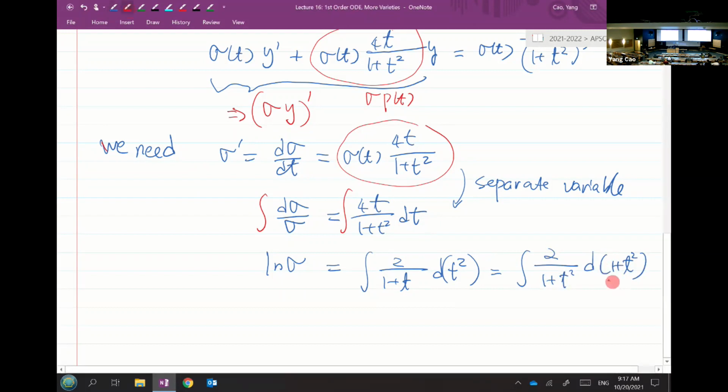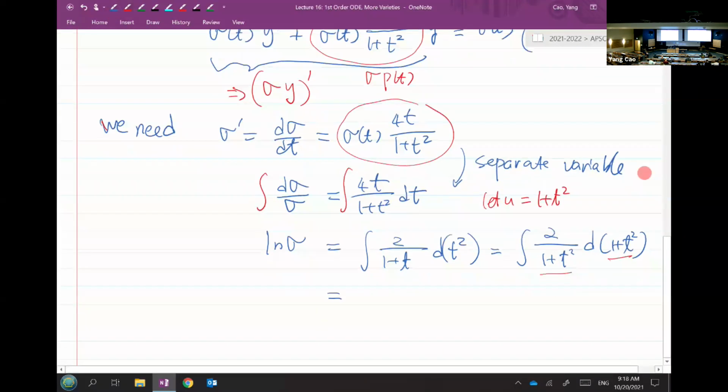So now anything after the differential operator, the 1 plus t squared, is the same as this bottom 1 plus t squared. So it's basically the substitution. Your typical approach is to let u equal to 1 plus t squared, and then you follow that, right? If you are more comfortable with that, that's fine. That's what I typically will do instead of letting u equal to that.